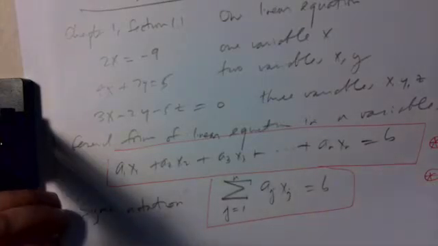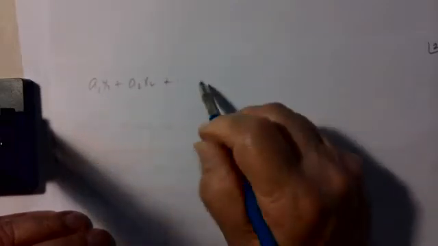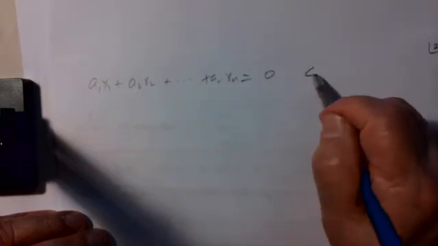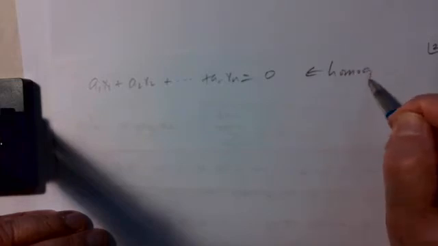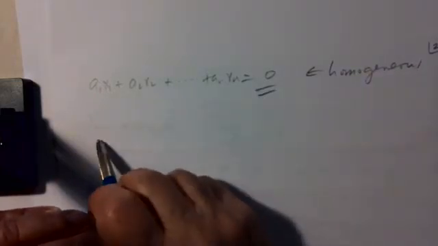Sometimes equations are divided into two types. If your equation is a1x1 plus a2x2 up to an xn equals 0, this equation is called homogeneous. It means this is 0 on the right-hand side.